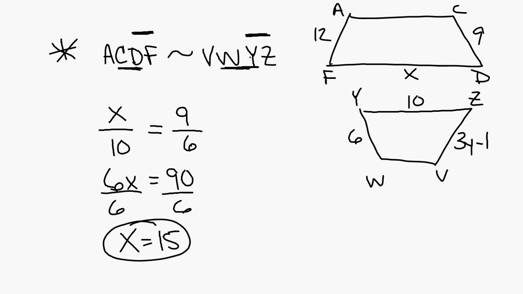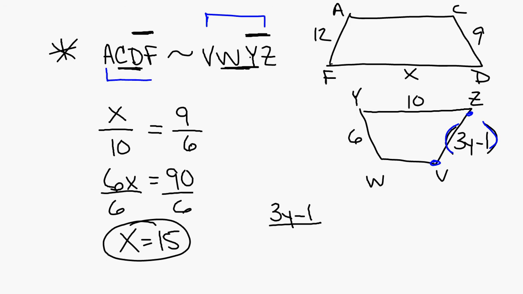Now you would have to do the same thing for this 3y minus 1. In this case, the 3y minus 1 is side VZ, V to Z. It's got to go over side AF, and side AF is 12.